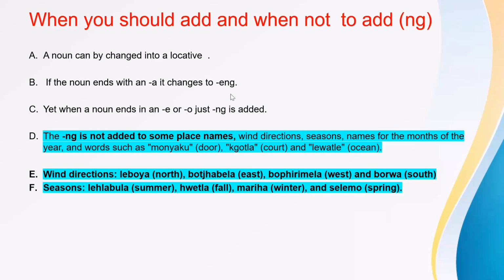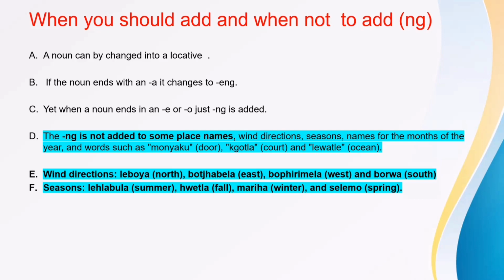The only time when you cannot change the noun into a locative, or the only time where you cannot add an ng to a noun, is at point D. So the ng is not added to some places. I'm reading D now. For example, wind directions, seasons, names for the months of the year, and words such as munyako, which is door, khutla, which is court, and luatle, ocean.